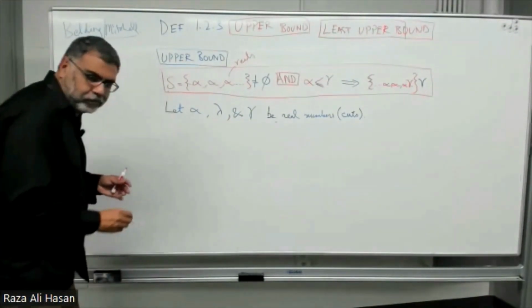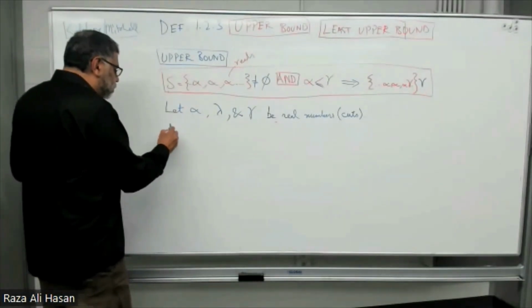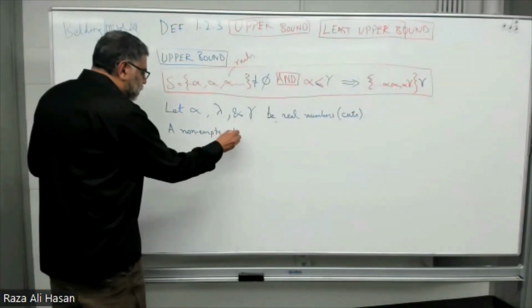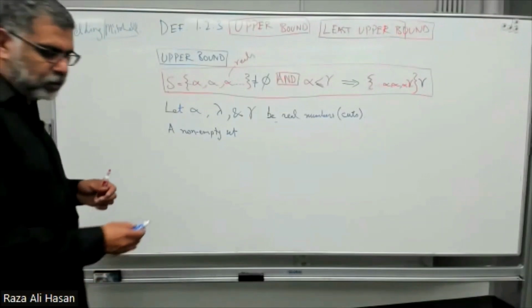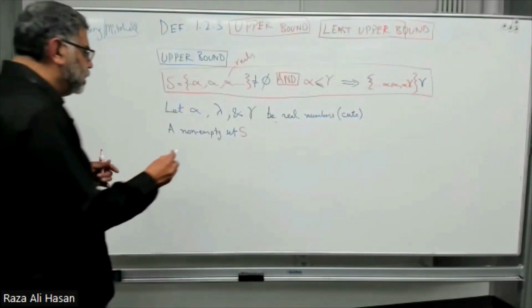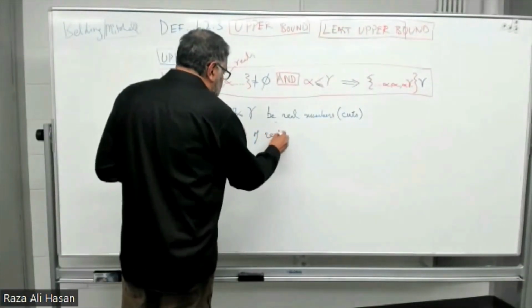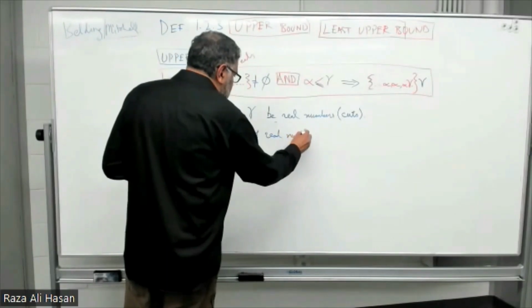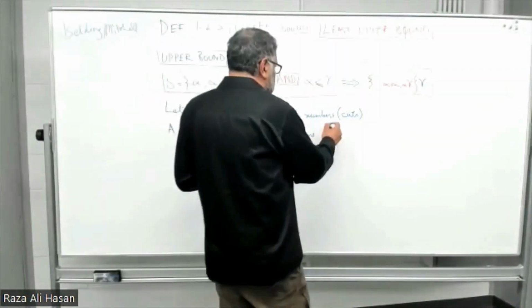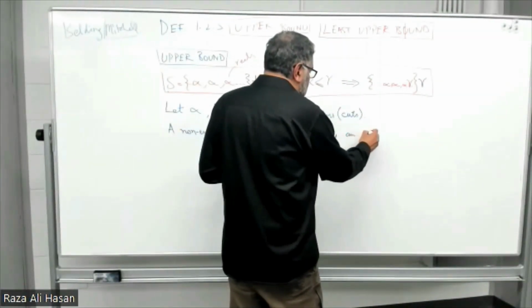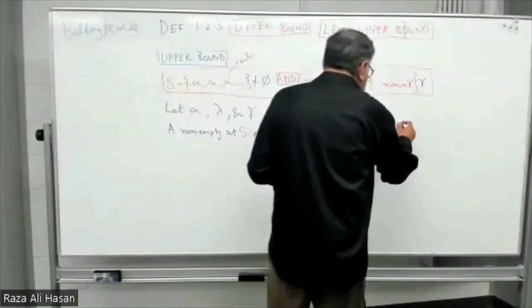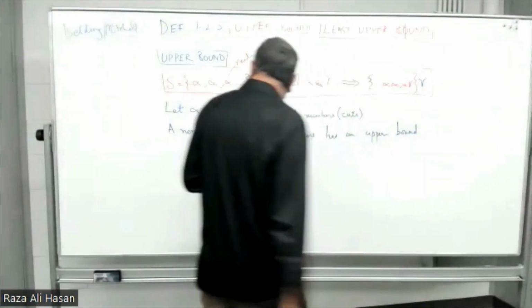A non-empty set S of real numbers has an upper bound gamma.